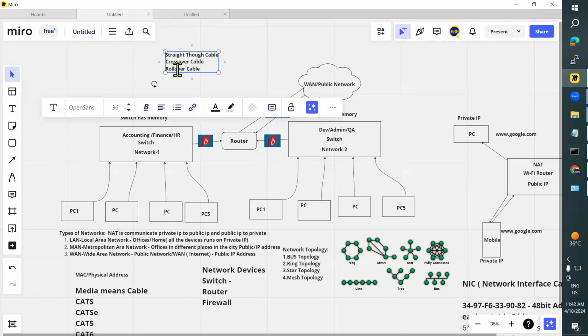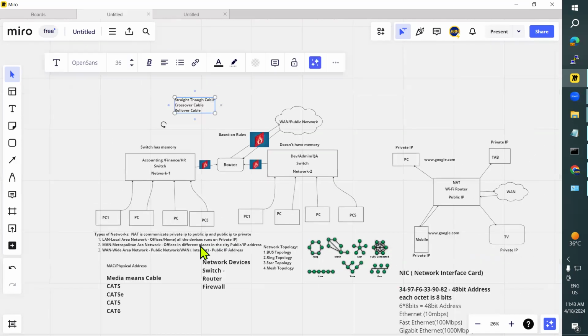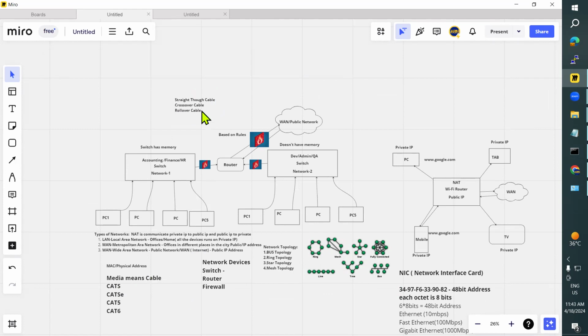See, water is the same. If you pour water in a glass, you will see it in the glass shape. If you pour the water in some other shape, you will see the water in that shape. Cable is the same. Cable types also vary based on speed: Cat 5, Cat 6, Cat 7, a lot of them. But these are the types of cables.